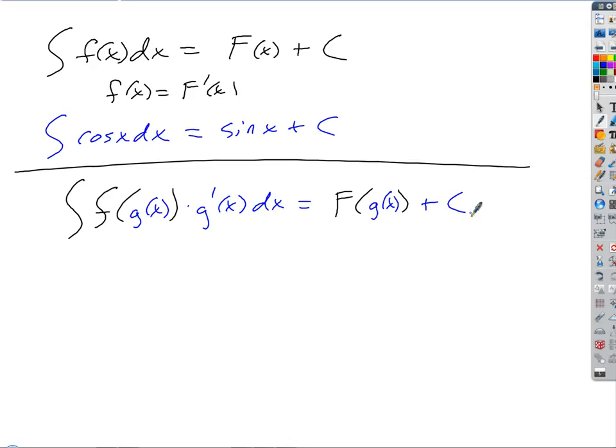That would also work, wouldn't it? So the big F could be a composition of functions. It could have an outside function and an inside function, right? And in this case, all we're saying is that if we differentiate capital F of g of x, we're just going to get back this.